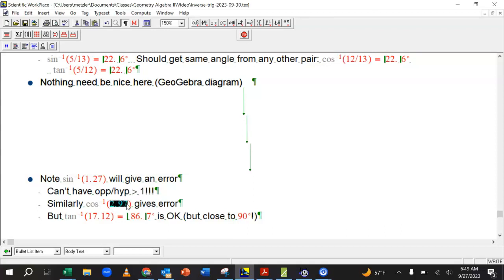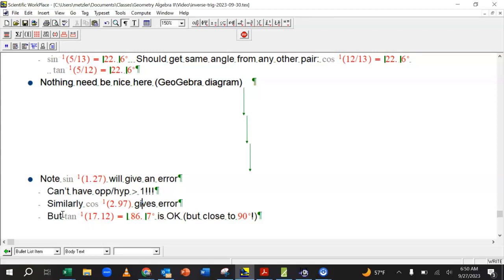Similarly, the input of an inverse cosine shouldn't be bigger than 1, because that would mean the adjacent side, one of the legs, is almost 3 times as big as the hypotenuse. So watch out for that. If the calculator gives an error, don't just say, I don't know what to do. It means that you've looked at those ratios wrong.